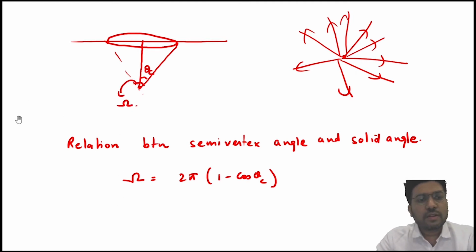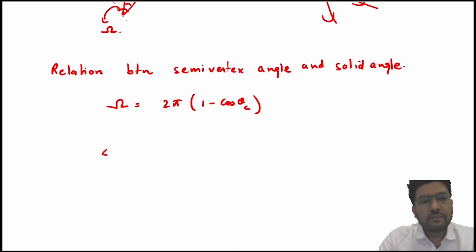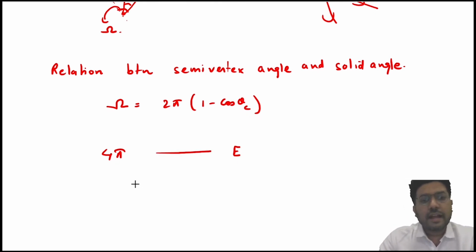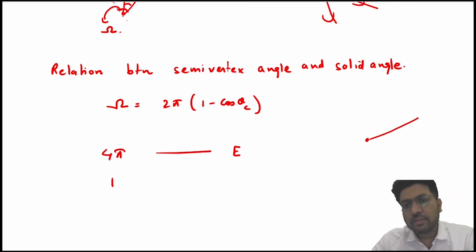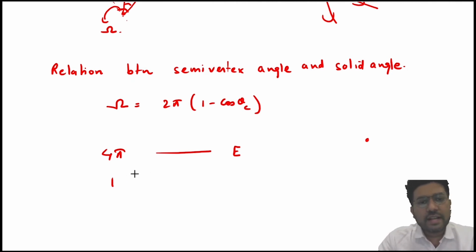Okay. So now suppose E energy is emitted from this point source of light. So you will say in 4 pi solid angle, E energy is emitted at a particular distance from the point source. So in unit solid angle, E by 4 pi energy will be emitted, right?